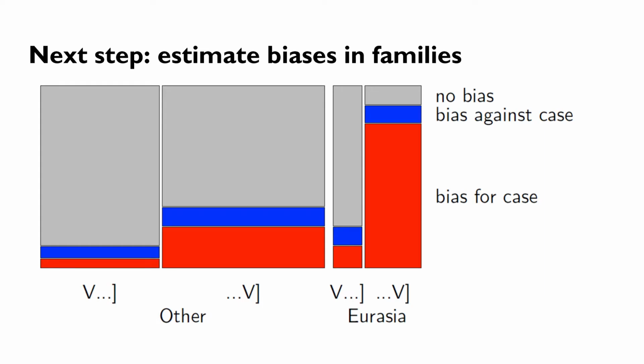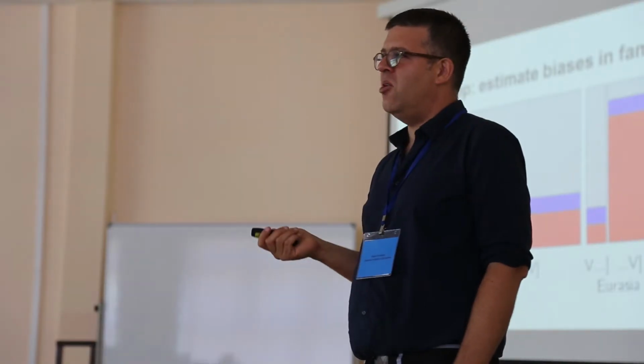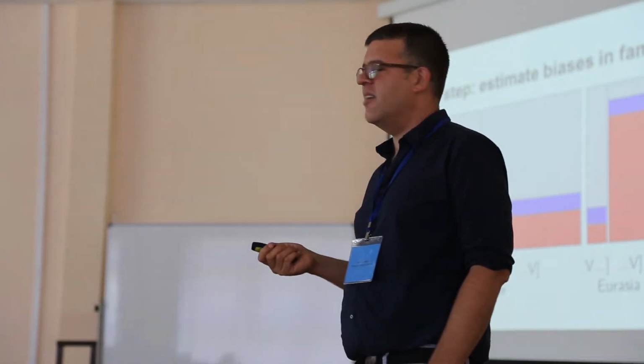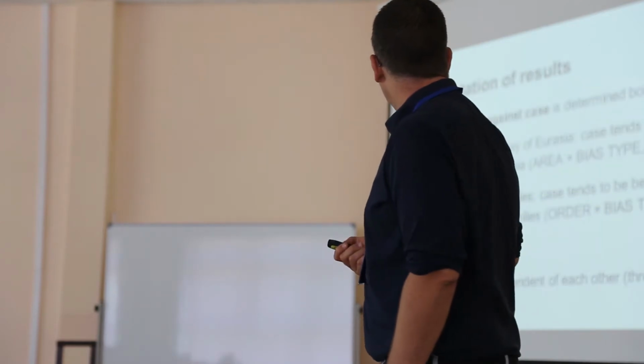And so what we see here on the left is anything but verb final, then verb final, and then the two within Eurasia, right? So this is the rest of the world as opposed to Eurasia. And I think that all of you can eyeball this and see what the conclusion is going to be, right?